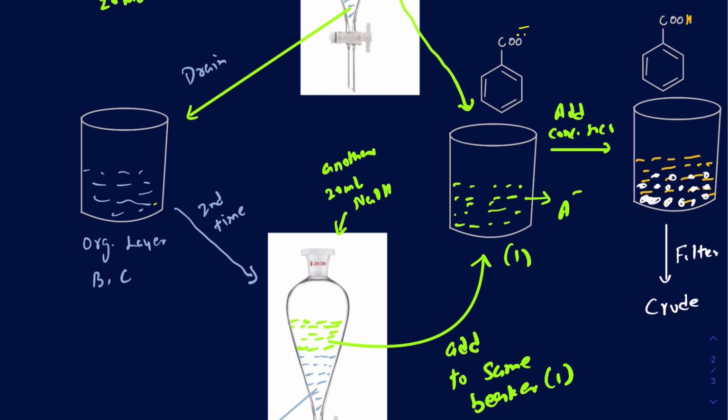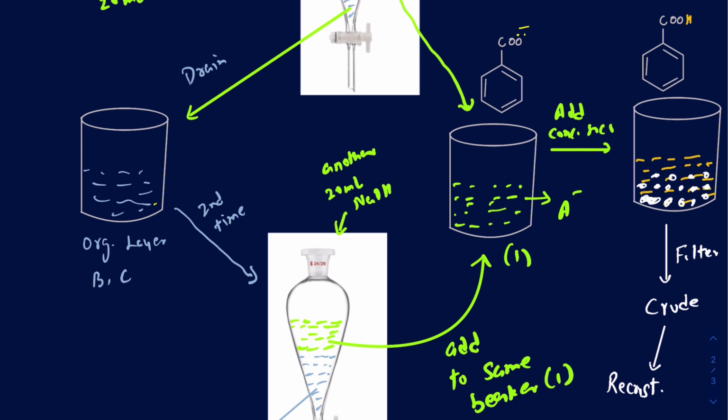So I will make a different video on the recrystallization, but that's just the next step you would have to do once you have filtered this out. So you want to go ahead and recrystallize it, and that's just where you have your benzoic acid. So you want to make sure you go ahead and get the mass of the crude, and you want to go ahead and get the mass of the recrystallization for the calculation purposes at the end of the day.